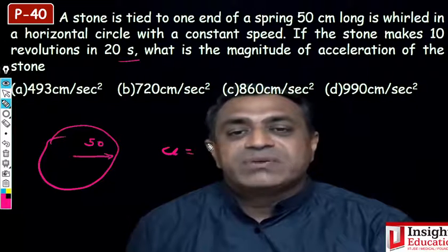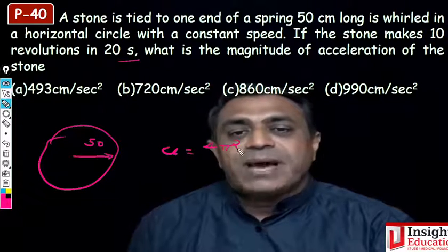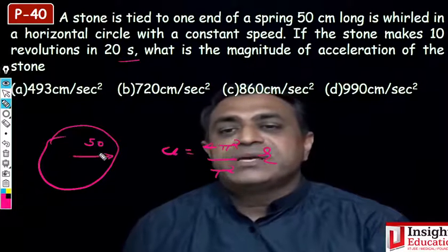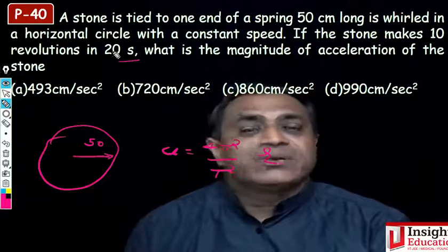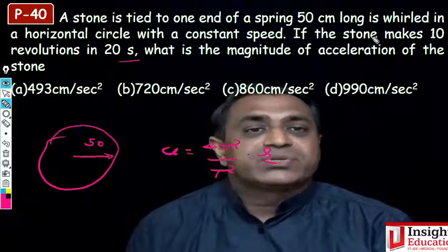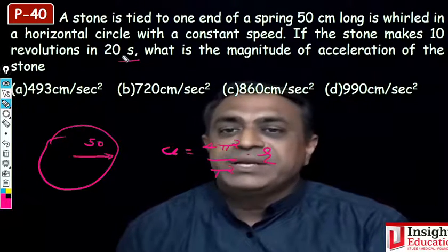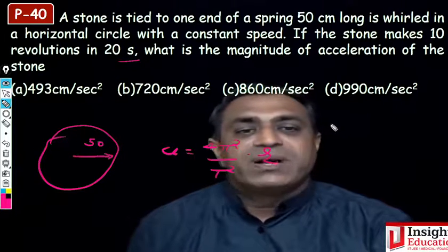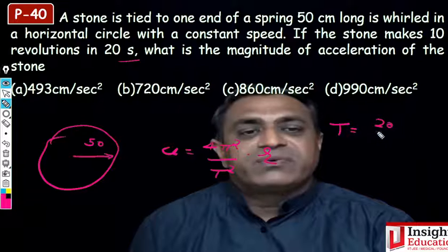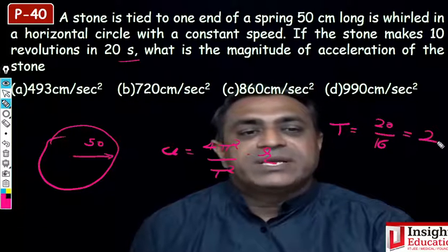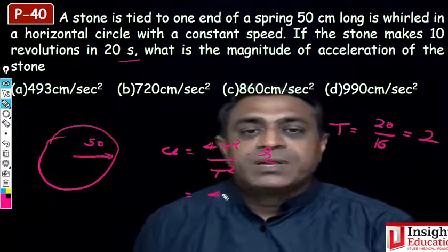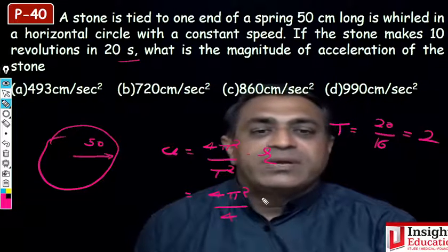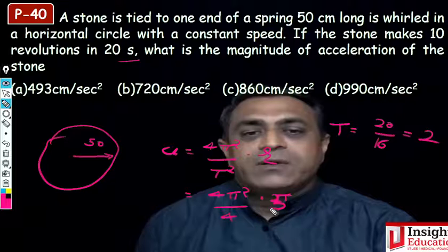Here we can use 4 pi square upon t square into r. The radius is given, but is the time period given? No, directly it is not given. The stone makes 10 revolutions in 20 seconds, so for one revolution t is equal to 20 by 10, that is 2.